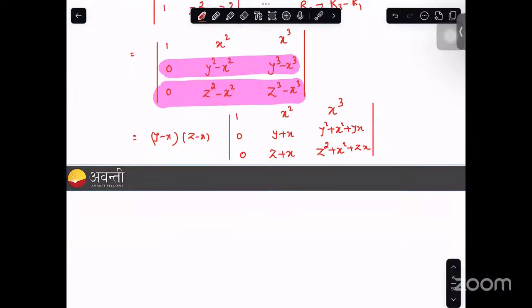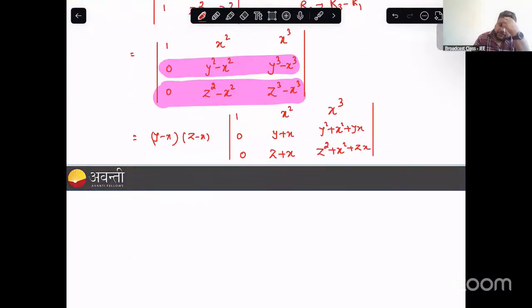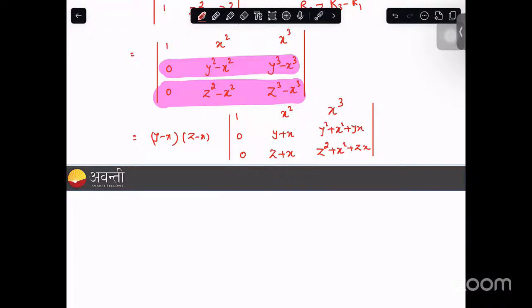Now since you are done with this, simply expand it along the first column. Complete quickly.